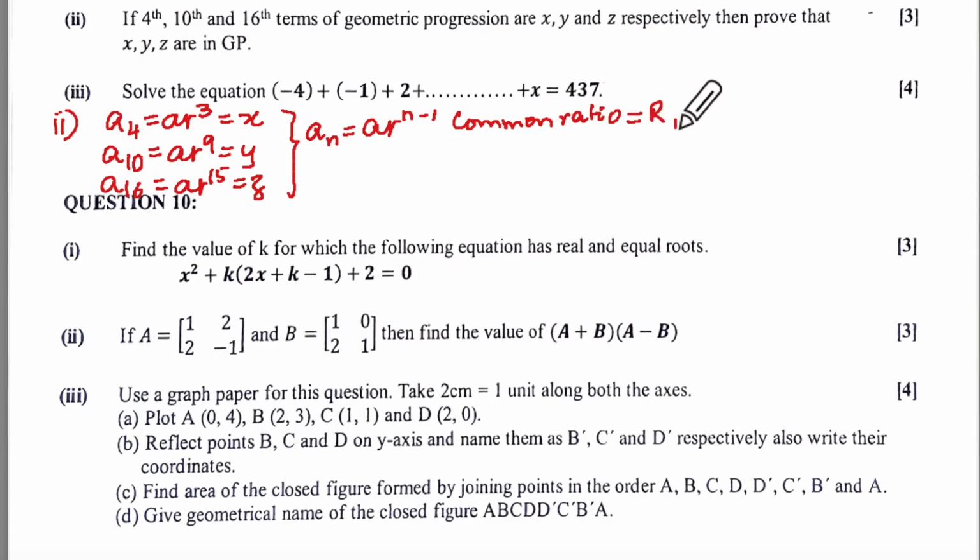Ratio R1 equal to y upon x. Okay, I should not write common ratio here. Then ratio R2 will be equal to z upon y.